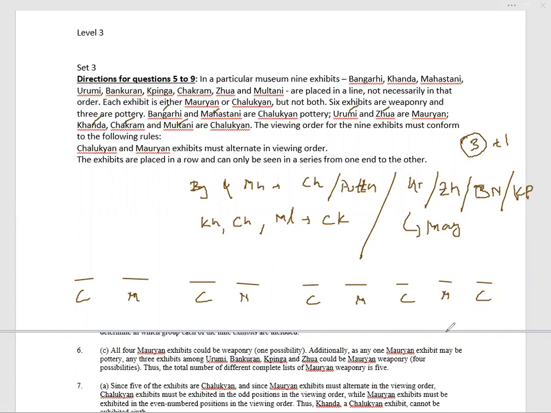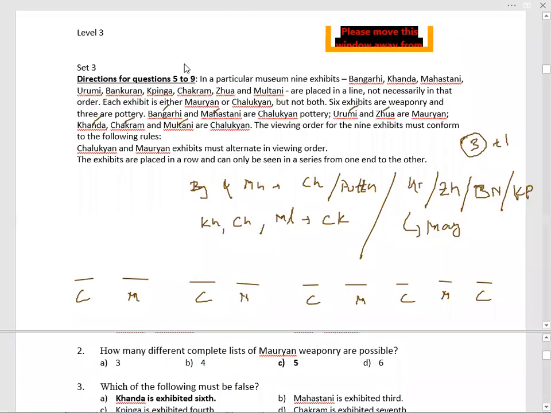So now the thing is, we have 2 pottery, we need one more. This can be from this one. So 1 Mauryan pottery, 3 weapon, or this one Mauryan pottery, 3 weapon, or this one Mauryan pottery. So 1 pottery, if I select, I can take it in 4C1 ways. And if I ensure the third pottery is also from here, so all 4 of them are weaponry is 4C4 ways. So total 5. Option C.